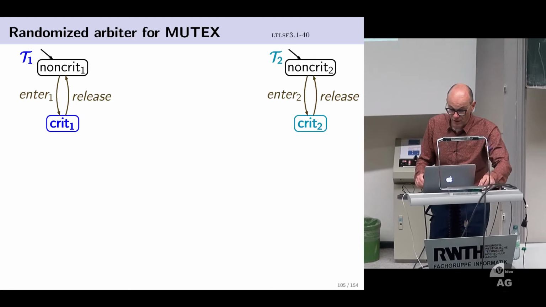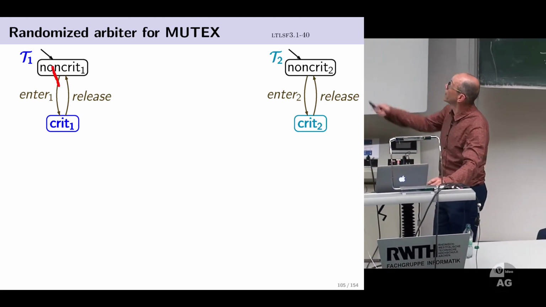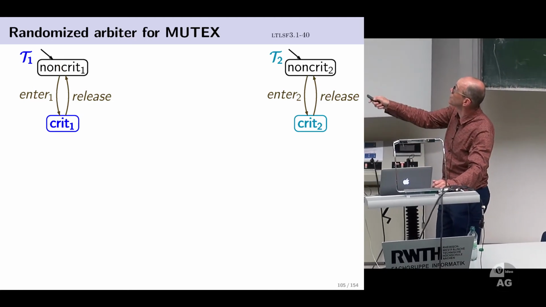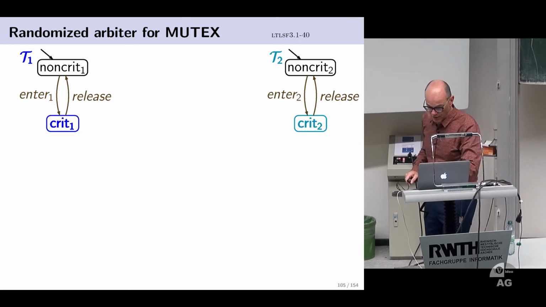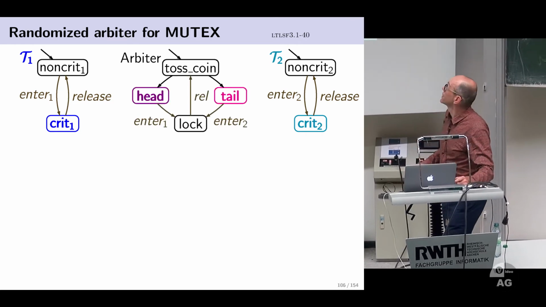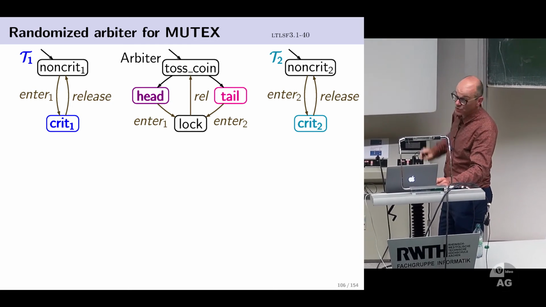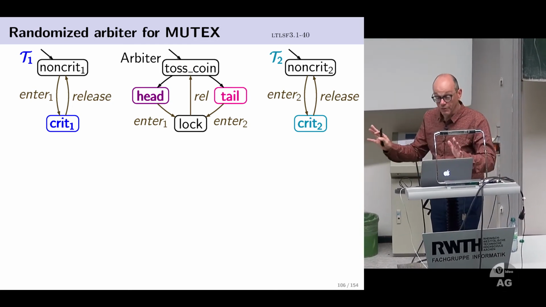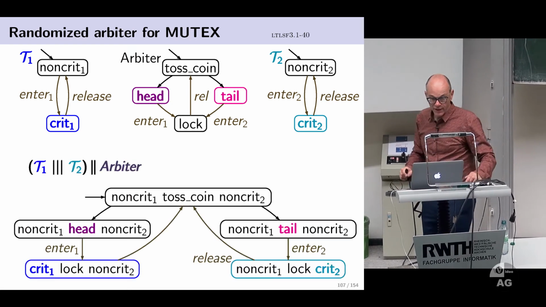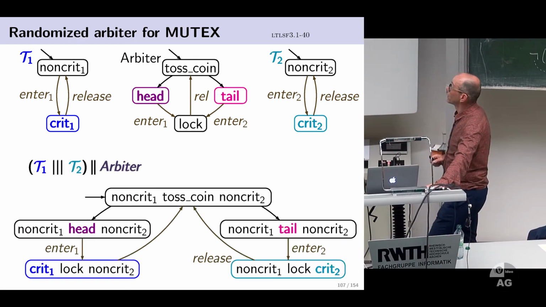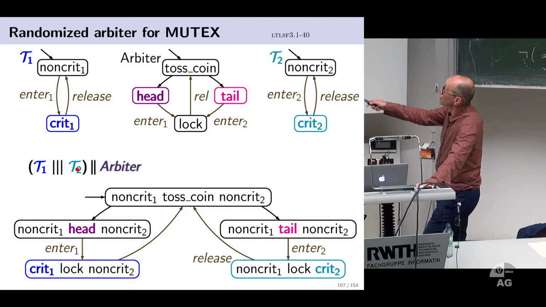So here is an arbiter for mutual exclusion. We have two tasks, or two transition systems, that want to enter a critical section. Then there is an arbiter in the middle that tosses a coin, so we get either heads or tails, non-deterministically. Then the parallel composition of the two transition systems with the arbiter looks as follows.